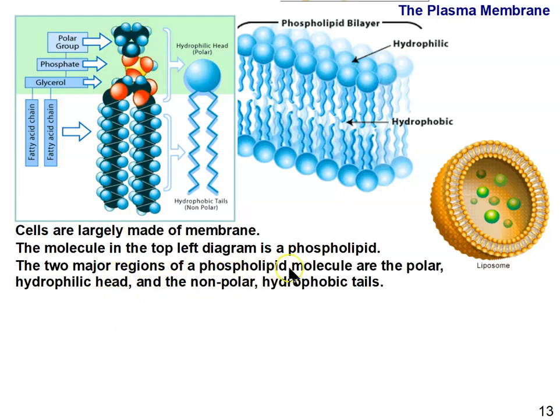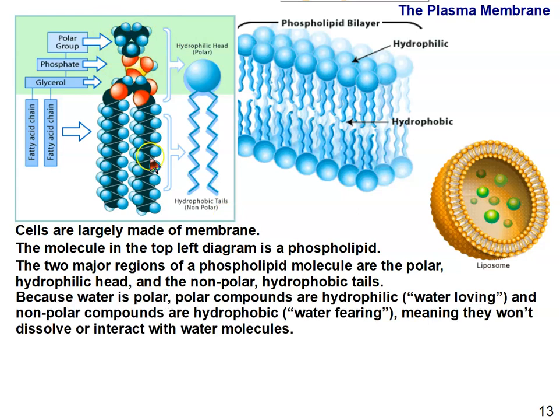The two major regions of this phospholipid are the polar head, which is hydrophilic. So this is the polar head of this molecule. Hydrophilic means it's water-loving. It interacts well with water because it's polar, and water's polar. And there are also the hydrophobic tails.